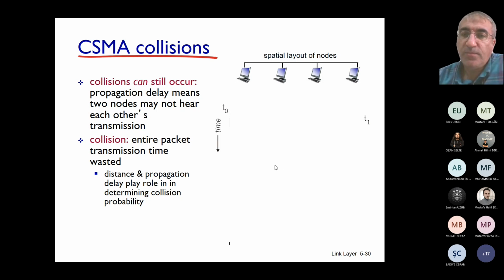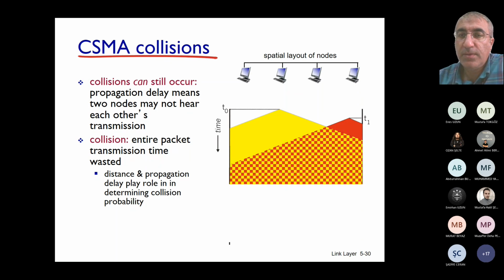We have 4 nodes in this network, numbered 1, 2, 3, 4. At T0, the second one is trying to access the channel, sending a packet.